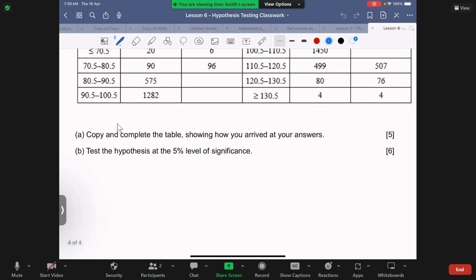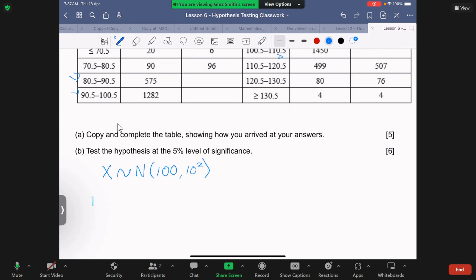We're told that X is normally distributed with a mean of 100 and a standard deviation of 10, so that would be a variance of 100, or 10 squared. We need to calculate the probability for these three events here.